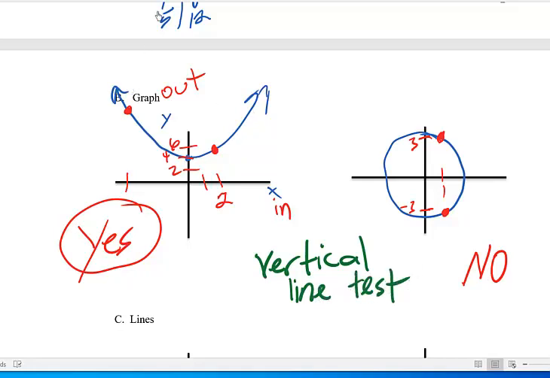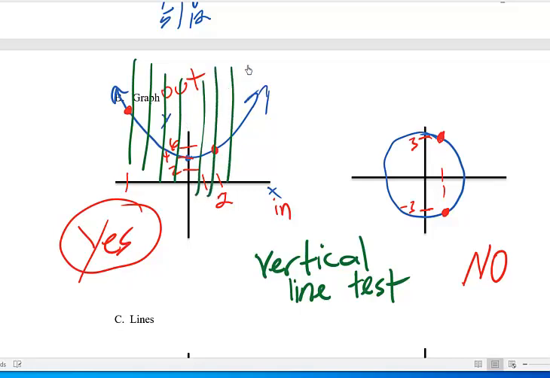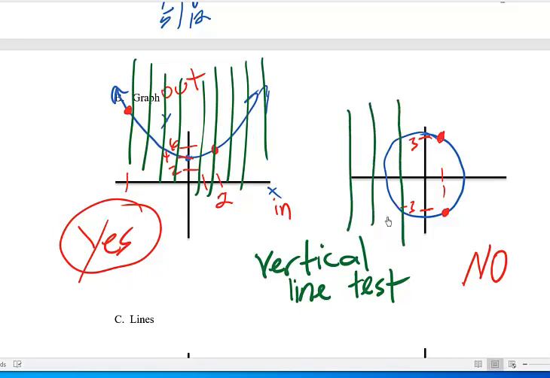Take your graph and start drawing vertical lines, either physically or just imagining it, if those lines always cross the graph just once, then we say it passes the vertical line test and it is a function. But if you start drawing vertical lines and you ever come to a point where you're hitting it twice or more, then it fails the vertical line test and we know it's not a function.